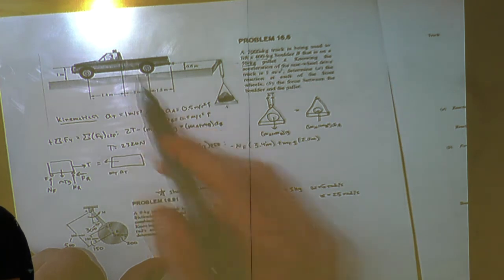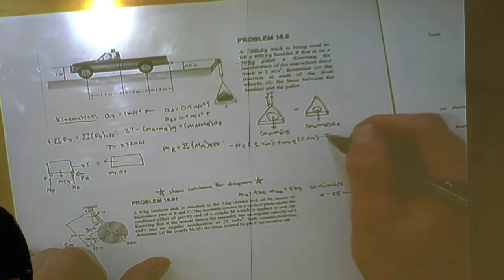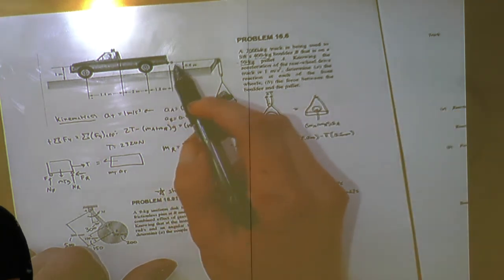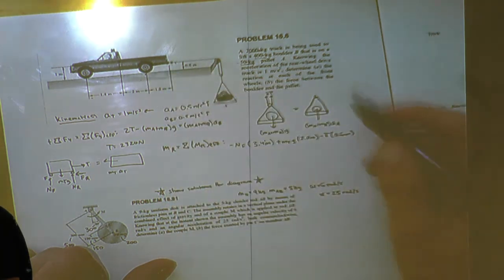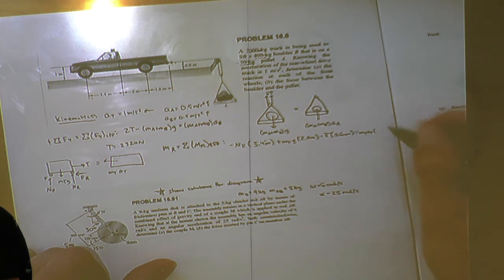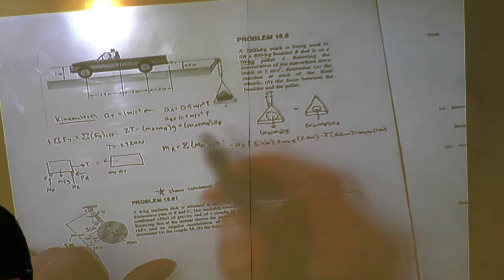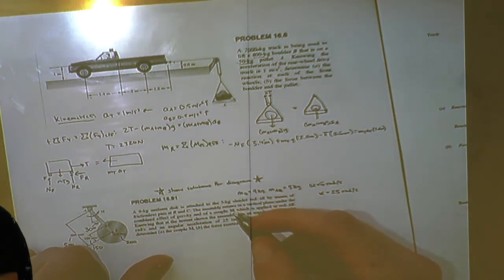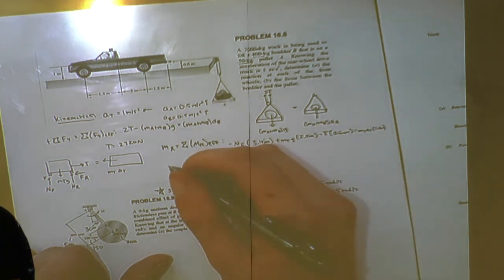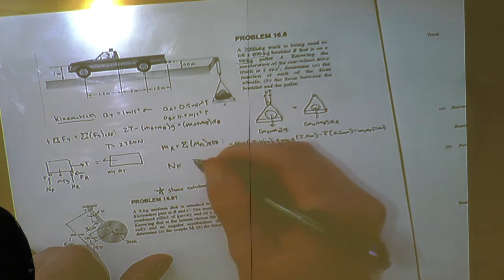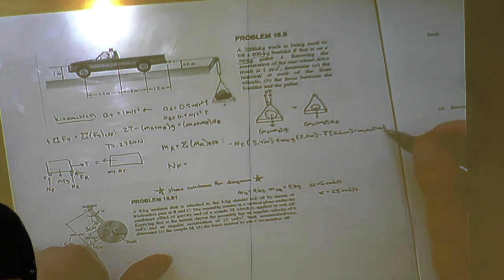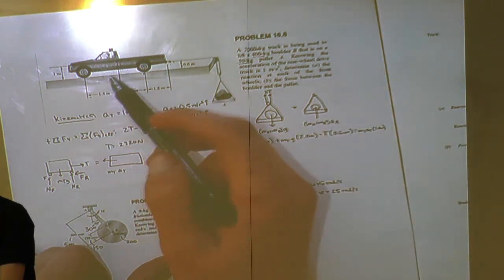That's the center of gravity right here. Minus the tension times 0.6 meters, so it's going to be up above the wheel. And it's going to be equal to MT aT times 1.0 meters at the center of gravity. So solving for that, we can find the normal force of the front wheel.